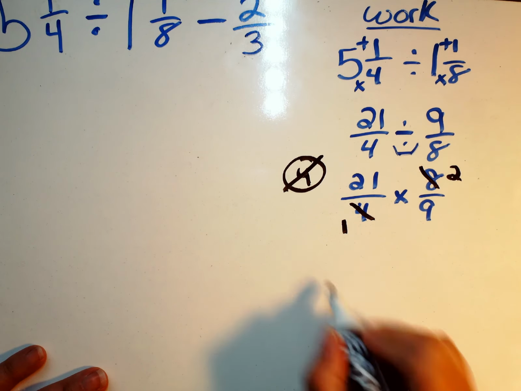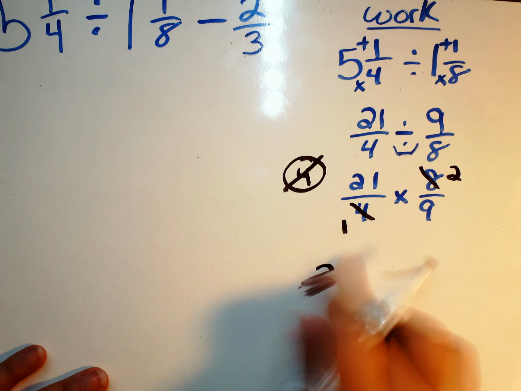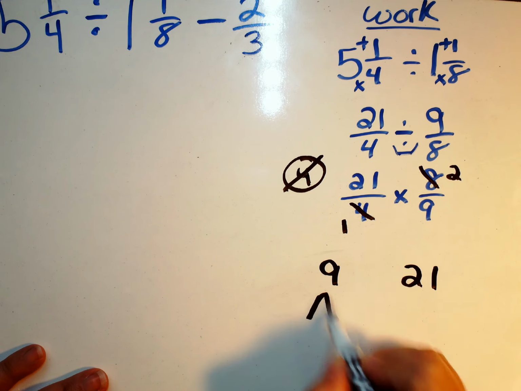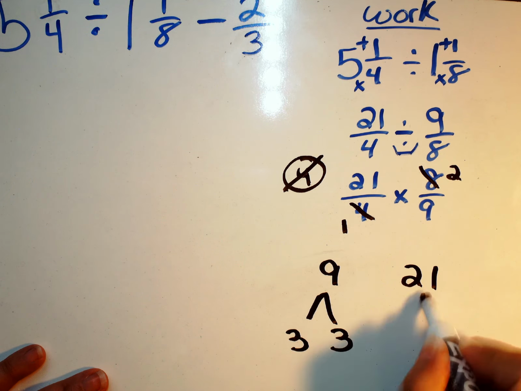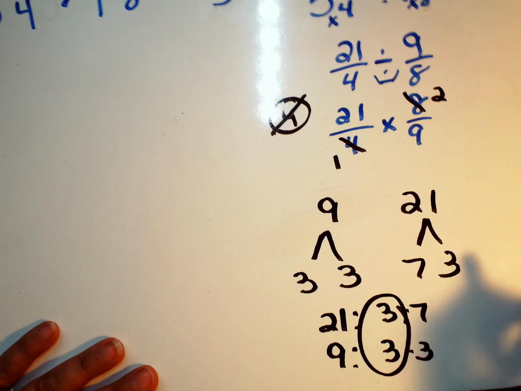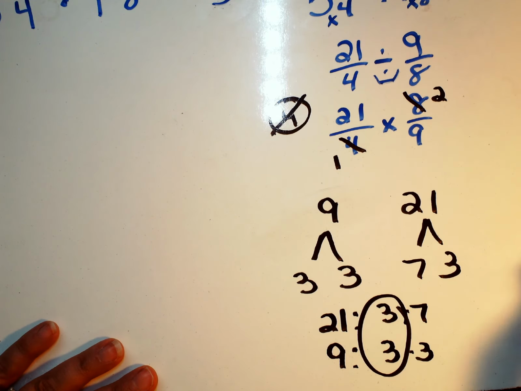9 doesn't go into 21, but if you recall, if I do 9 and 21 and find my factor trees to find my prime factorization, here's my 21 and my 9, so 3 times 3, 3 times 7. There's my greatest common factor, which is 3.